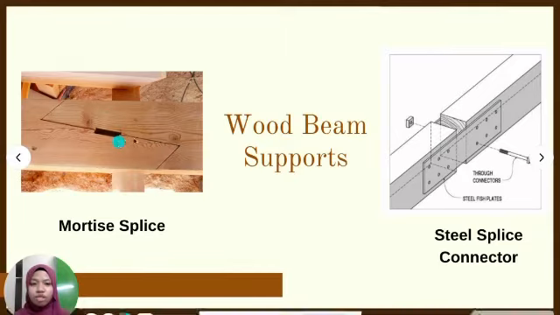And the other way is the steel splice connector, where you sandwich it with a steel fish plate, and then there's a connector attached on the beam, so it will not get separated if there's a load on it.